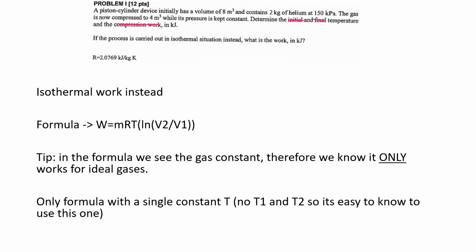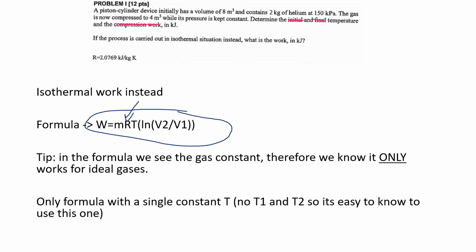So now we're going to solve the isothermal work. So the formula we're going to use is work equals mRT ln(volume 2 over volume 1). One thing that's very important for this formula is that it's derived using the ideal gas law. It has the R in it.